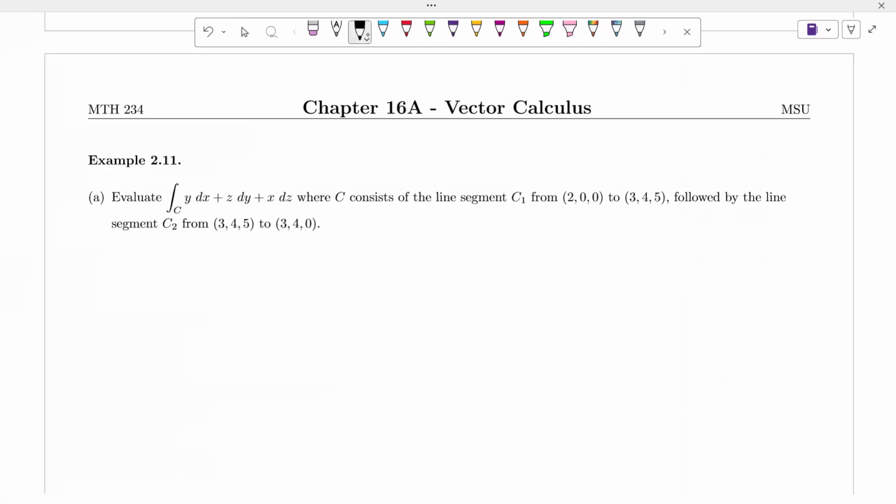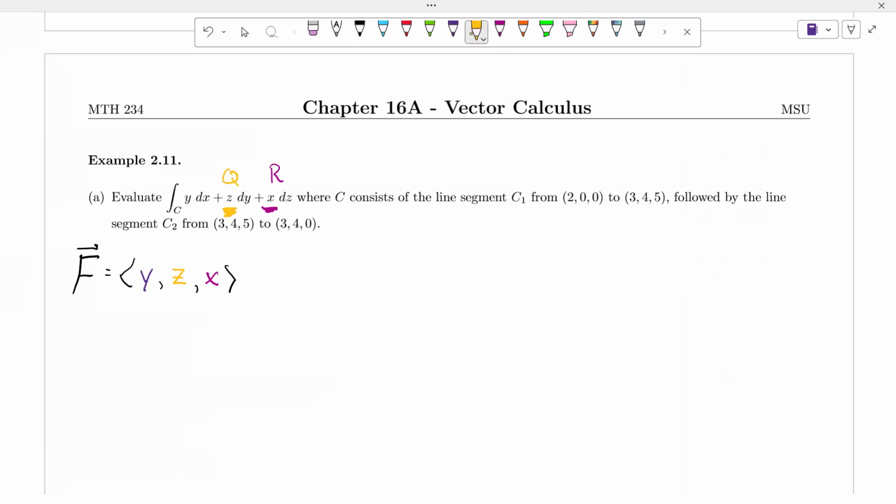So if I were to just go look at what that field should be, because I think it'll be worth having at least one example where you've seen how to figure out the field. The field should be y for the x, y for P, z for Q, and x for R. This one is R right there.